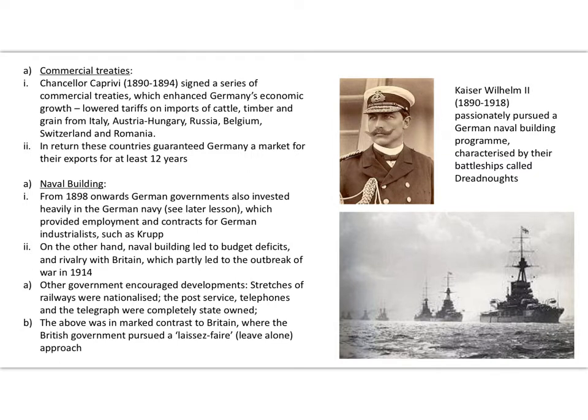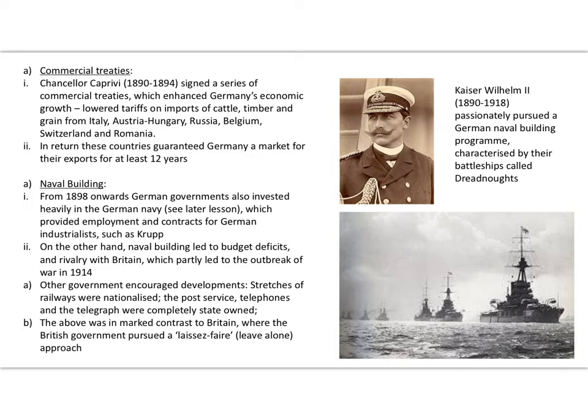He made various trading agreements with some countries that actually lowered tariffs. So with Italy, Austria, Hungary, Russia, Belgium, Switzerland and Romania, for example, businessmen from those countries were able to bring their goods, such as cattle, timber, and grain, fairly cheaply into Germany.